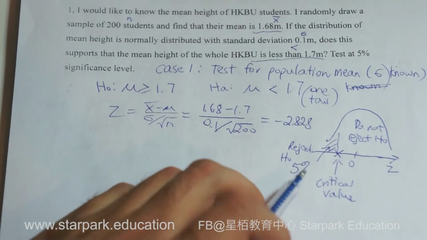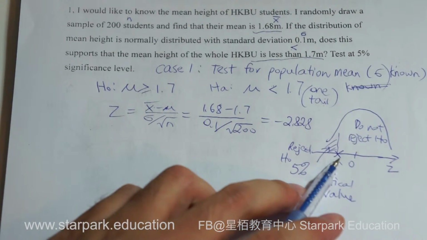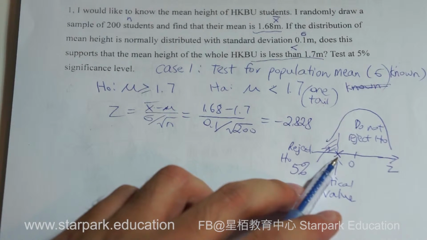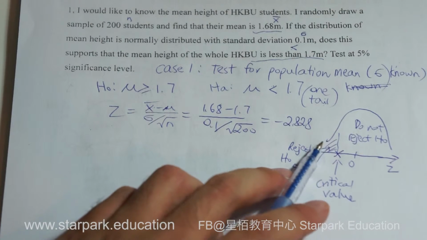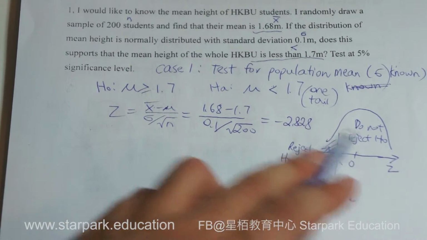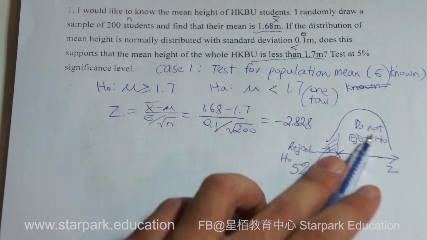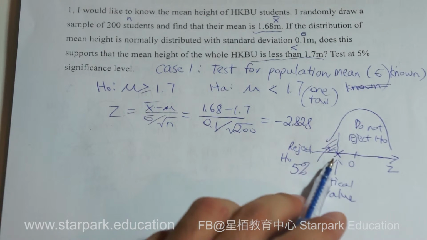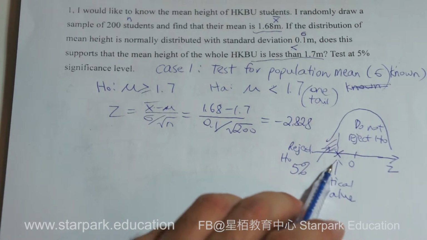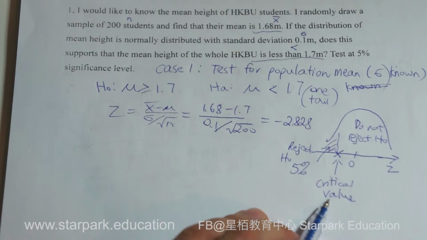So why is it called the critical value? Because this position is a number that we are going to check from the table, separating the region where we reject the null hypothesis and the region where we do not reject it. And the last part is that we have to understand how to check this critical value.